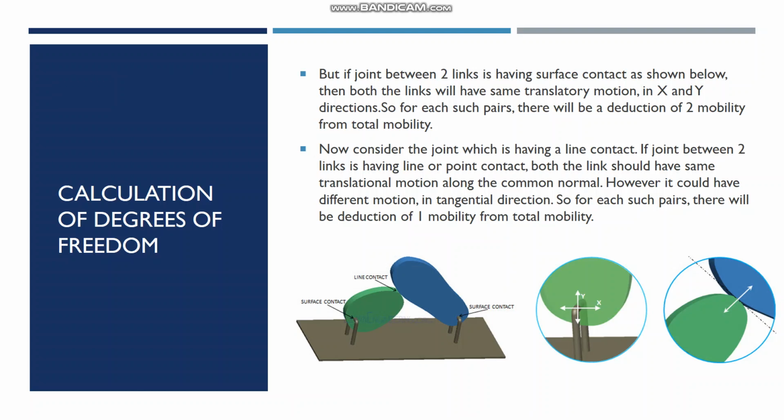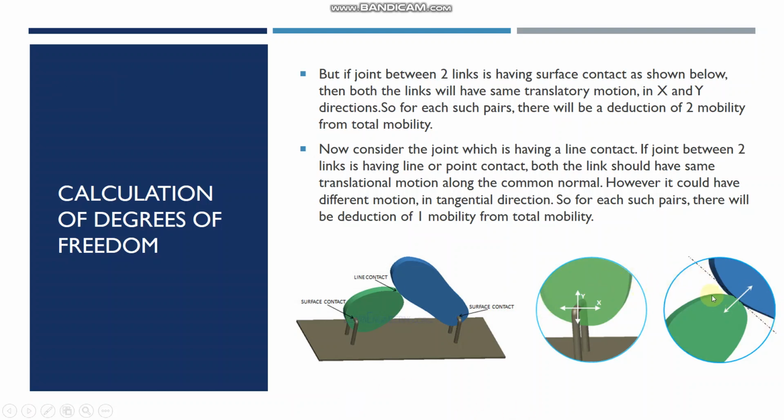So when the joint has surface contact, the motion of the two bodies would be the same in the x and y direction. So whenever we have a lower pair joint, the x and y motion of the two links will be the same. So due to that, our degree of freedom is reduced by 2, as those will have the same motion in x and y directions.